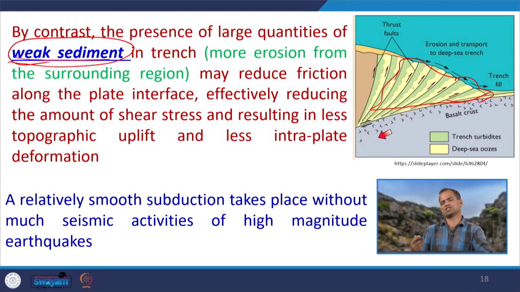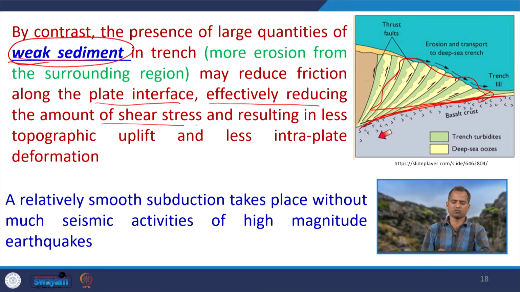And once this accretionary prism is developed, that means smooth subduction is occurring here without much tectonic activity, without much deformation on this overriding plate. So, it may reduce the friction along this plate interface, efficiently reducing the amount of shear stress and resulting in less topographic uplift and less intraplate deformation.